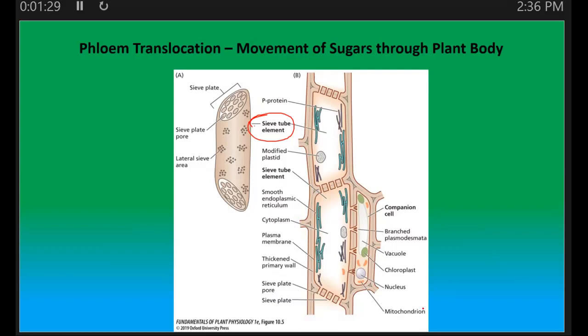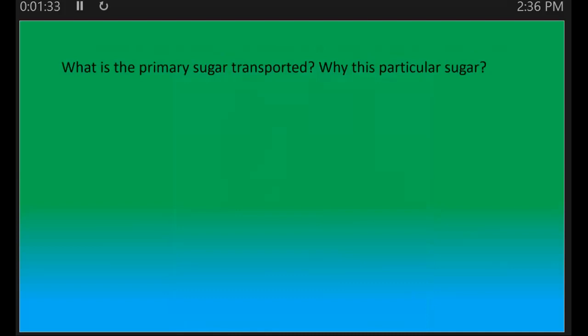So when we say sugars, when a plant does photosynthesis, in the common literature they'll often talk about glucose being produced. It's really not glucose that gets transported. The sugar that gets transported is actually sucrose.